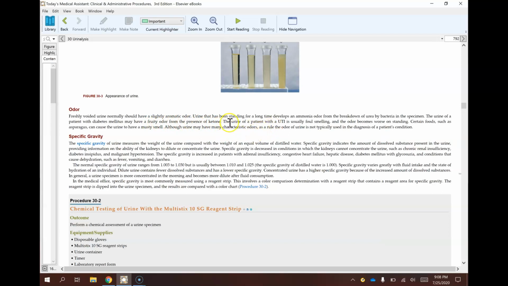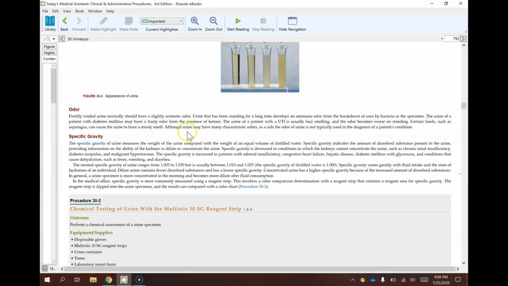And talking about that UTI, the urine will have a foul smelling odor, and it becomes worse on standing. There are certain foods that can cause the urine to have a change in smell, things like asparagus, and that's something to be aware of.